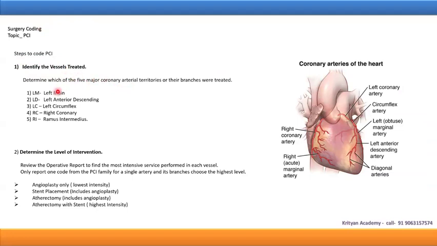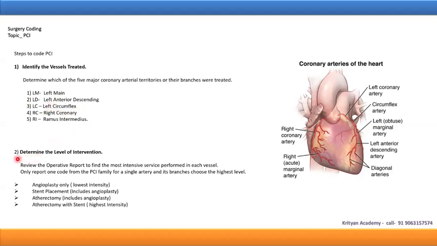Determine which of the five major coronary arterial territories or branches were treated: LM left main, left anterior descending, left circumflex, right coronary, and the ramus intermedius. All these are the major coronary arterial territories, and in our first step we need to identify for which artery they are doing the procedure.